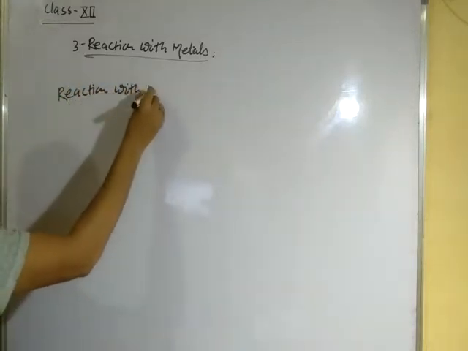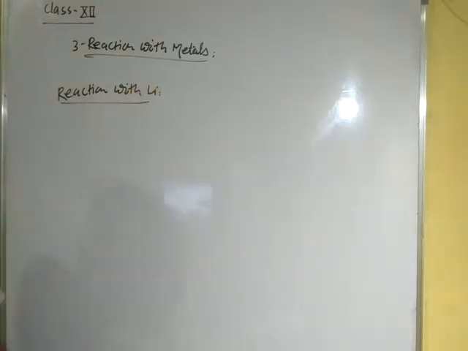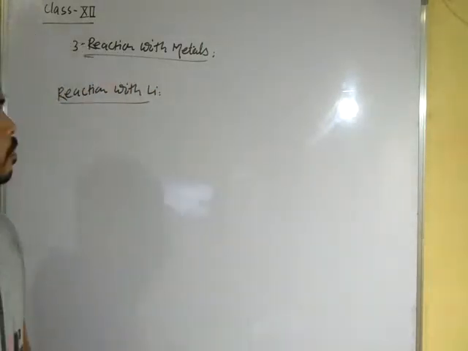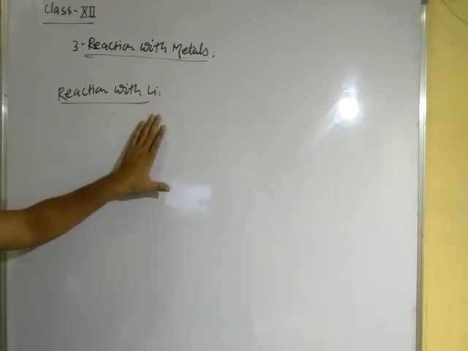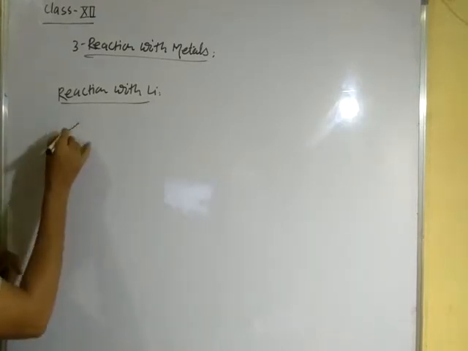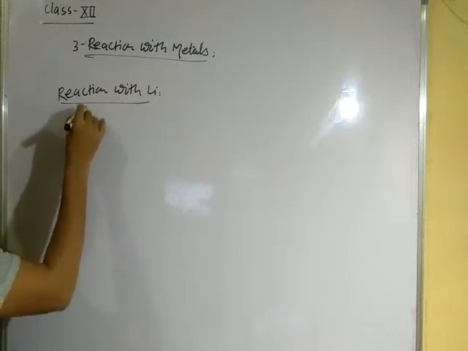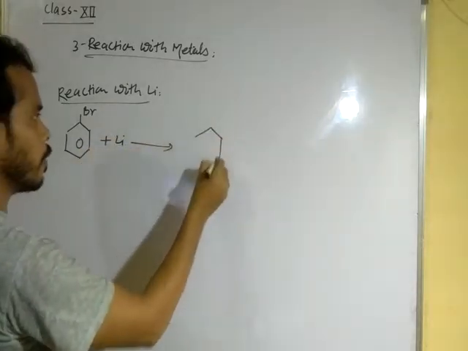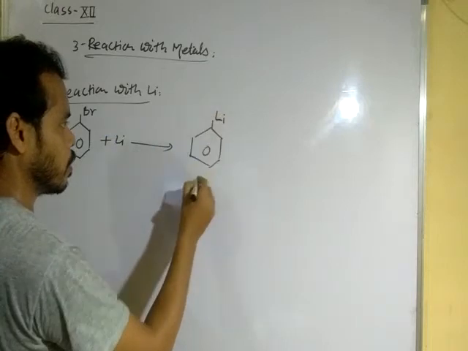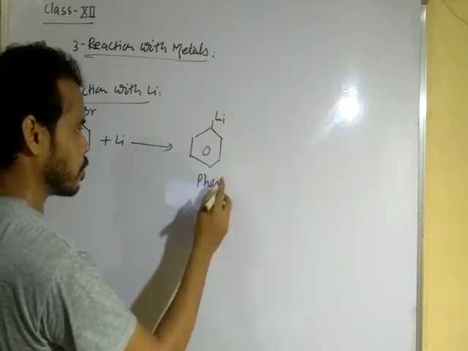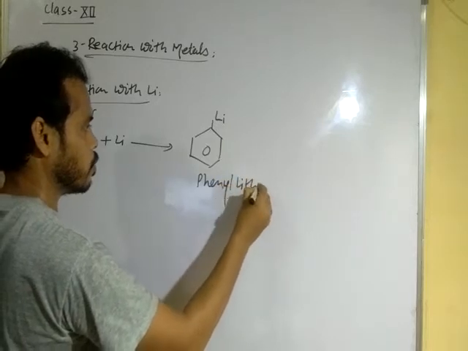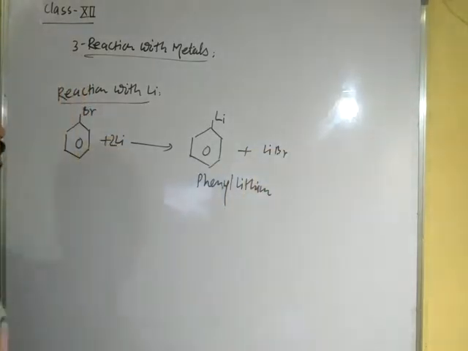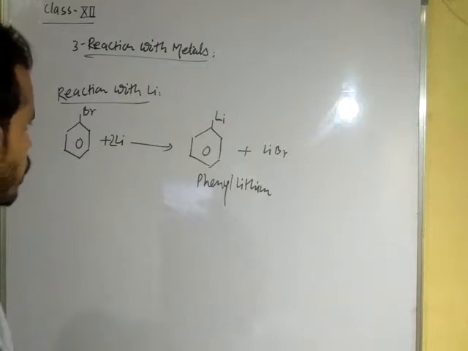When bromoarenes or iodoarenes are treated with lithium, they form phenyllithium. Here, when bromo or iodobenzene is treated with lithium, it forms phenyllithium, with lithium bromide as a byproduct. So it is multiplied by 2 for the balance.